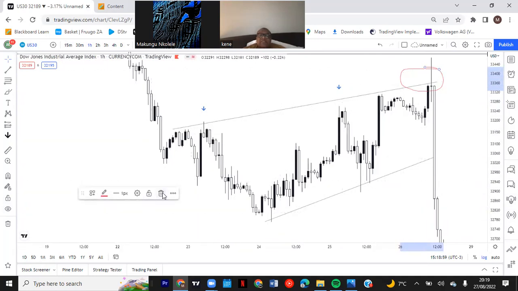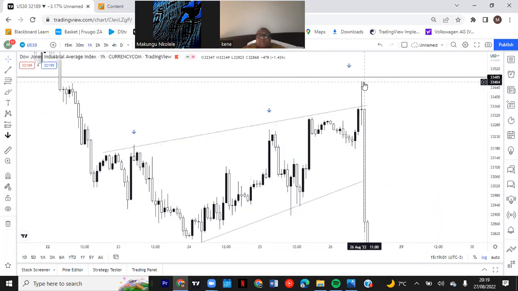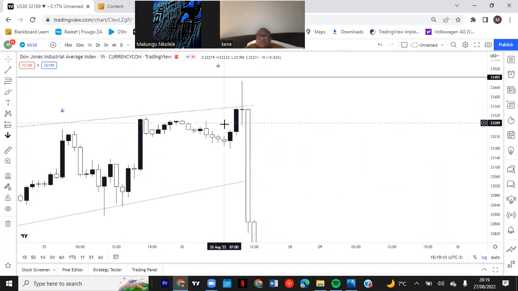Yeah, that's an evening star there. So this huge doji reversal candlestick gave us a confirmation that the price was about to reverse and go to the downside, which it did, and it was very aggressive.